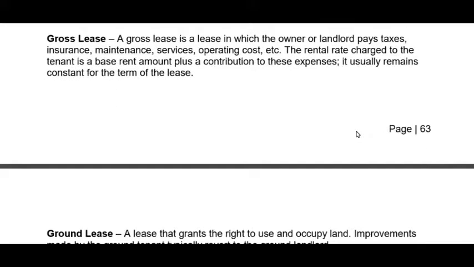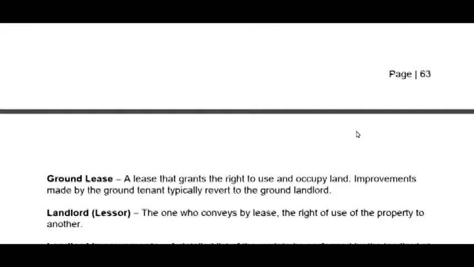Gross lease. A gross lease is a lease in which the owner or landlord pays taxes, insurance, maintenance, services, operating cost, etc. The rental rate charged to the tenant is a base rent amount plus a contribution to these expenses. It usually remains constant for the term of the lease.